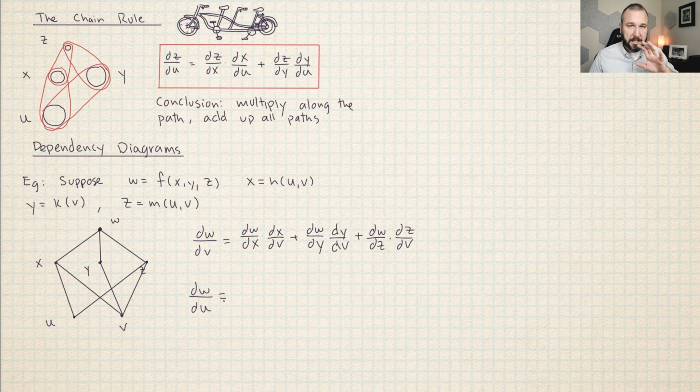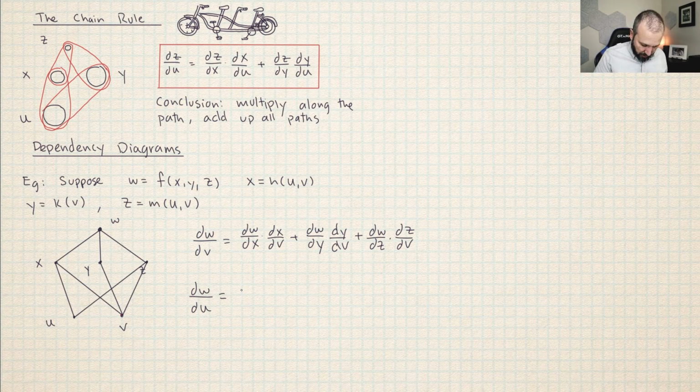Let's do del w del u. I think it's actually going to be more simple. Let's look. How many ways are there for us to get from w to u? So I can go this way through x, but actually there isn't a path through y that leads there. So I can go from w over to z, and then from z down to u.